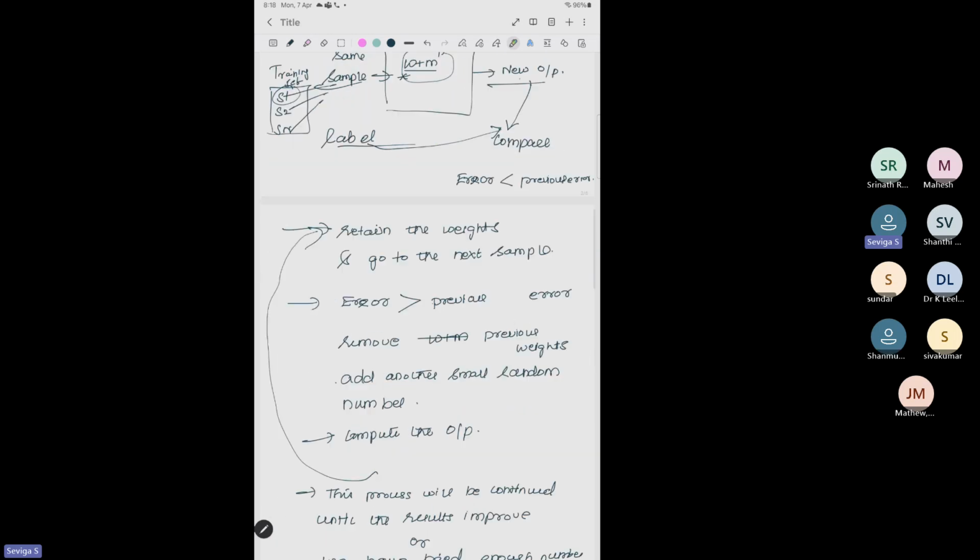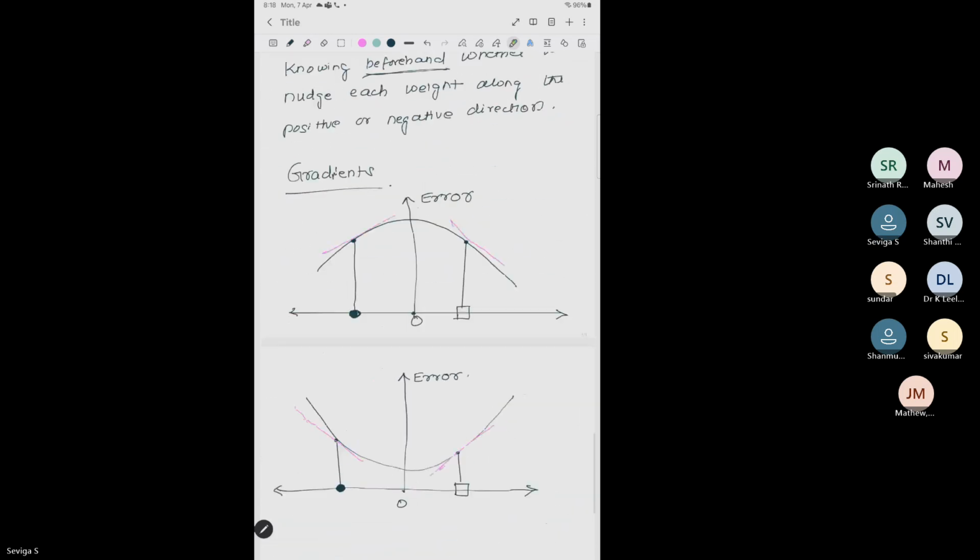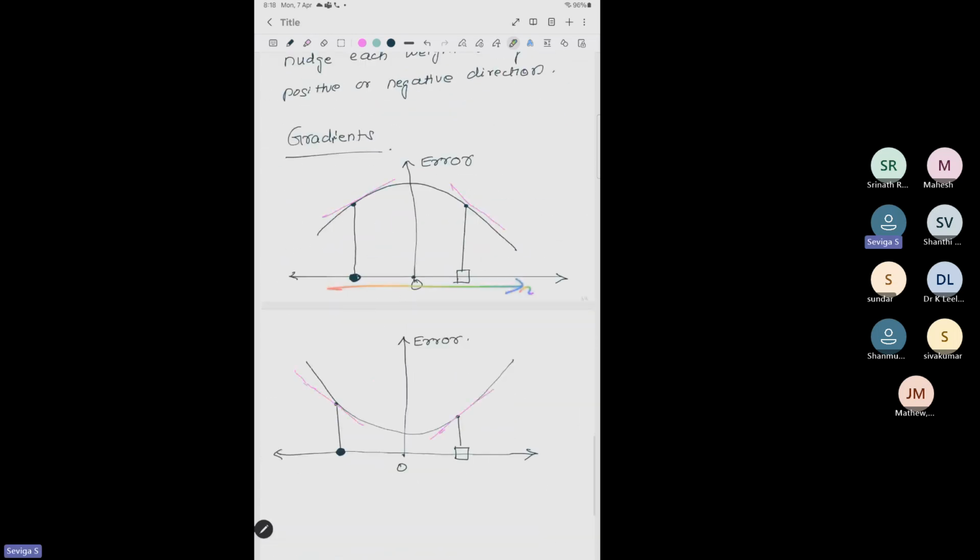So likewise, for n number of sets of weights, you have a circle weight, you have a square weight. For each set of weights you are going to get one error. This is the first set of weights, second set of weights, third set of weights. For every set of weights, you are going to get an error.